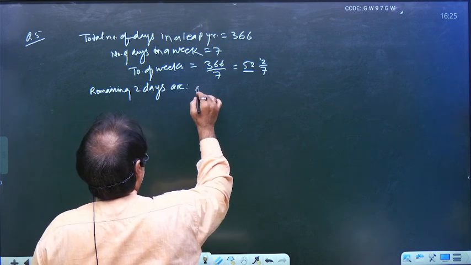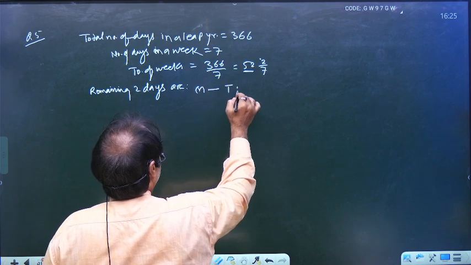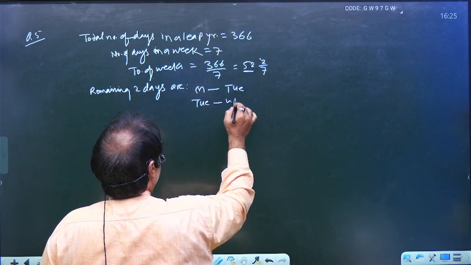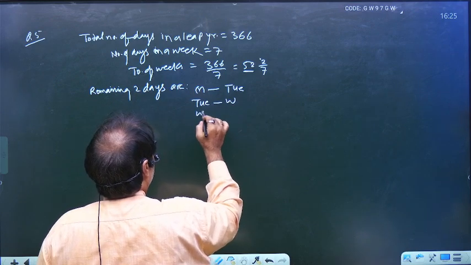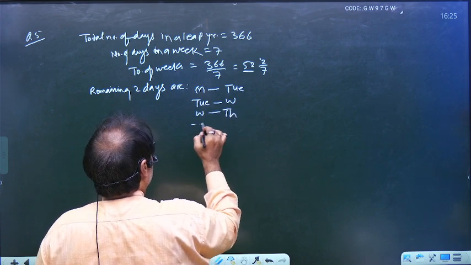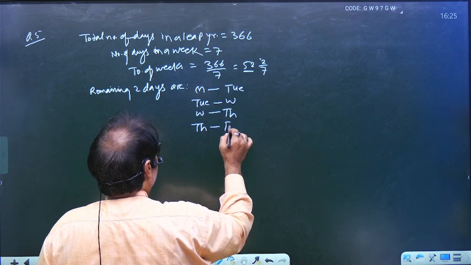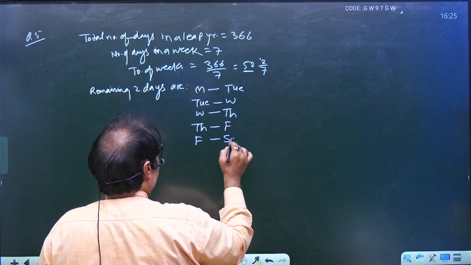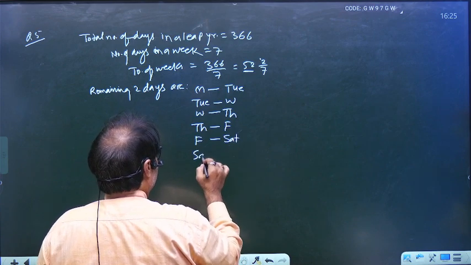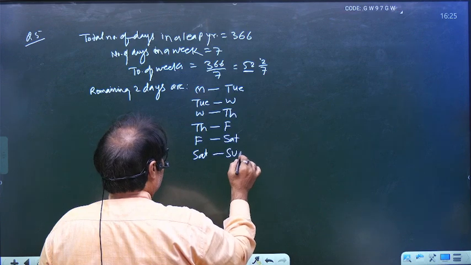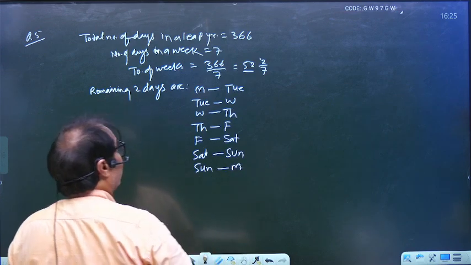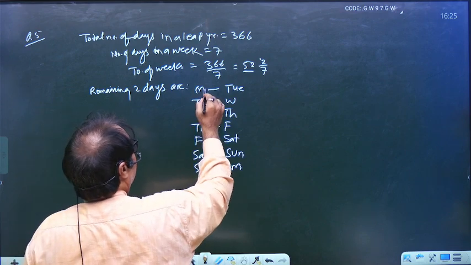So it may be Monday and Tuesday, Tuesday and Wednesday, Wednesday and Thursday, Thursday and Friday, Friday and Saturday, Saturday and Sunday, or Sunday and Monday.